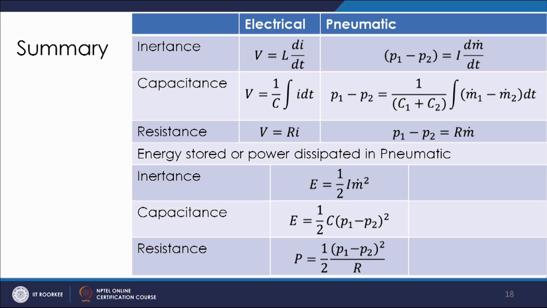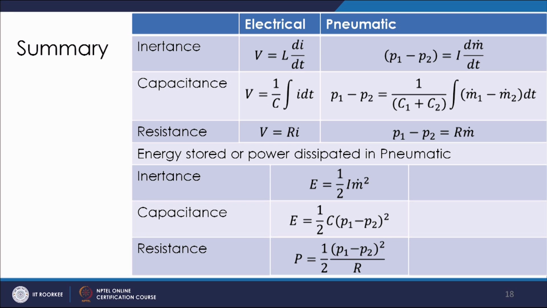And resistance: V is equal to Ri. So, here we have P1 minus P2 is equal to R m dot. And energy stored or power dissipated, you know that in case of inertance and capacitance the energy is being stored, and in case of resistance the power is being dissipated.